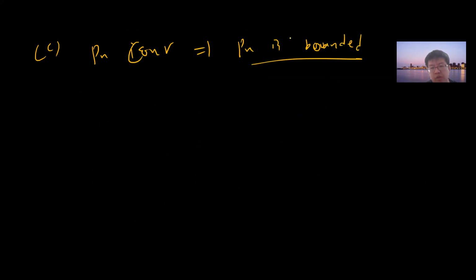C. If Pn converges, then Pn is bounded. I think this is elementary analysis, so it should also be viewed as an exercise. You know that for epsilon greater than 0, you find N such that when n is greater than N, d(Pn,P) is less than epsilon.